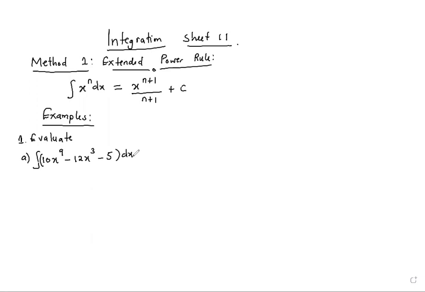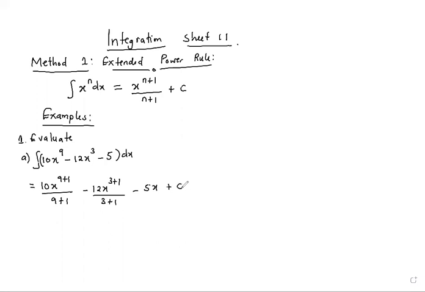So now, how do we integrate such a setup? You use the same rule. To integrate this, I'm just adding a 1 to the power, and dividing by the same, and then minus 12 x to the power 3 plus 1 over 3 plus 1, minus 5x, plus a c.